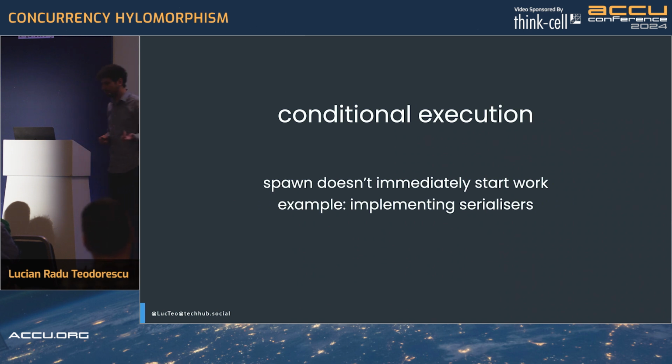Another important thing that we need to have is conditional execution. That is, don't make spawn immediately start new work, put some conditions in there, and based on that condition, sometimes spawn it, sometimes defer it. So there's a little bit more involved in there.